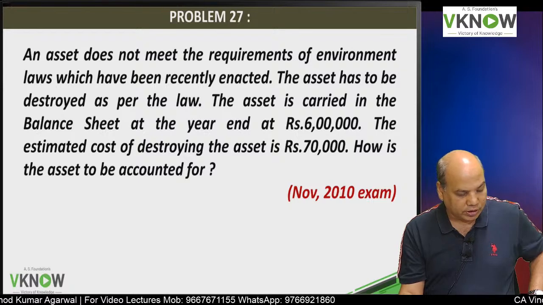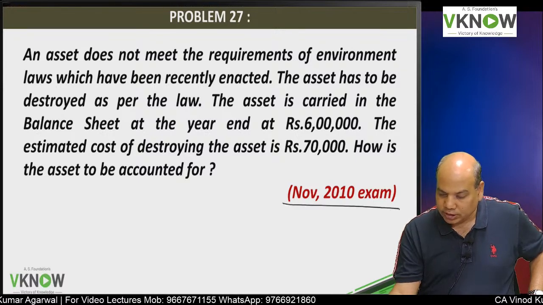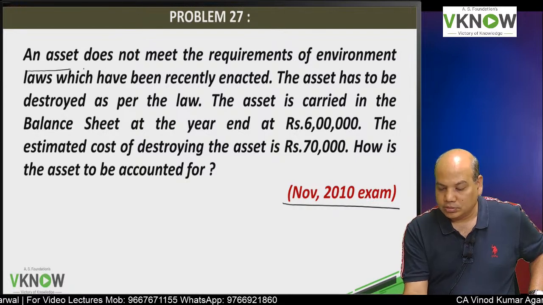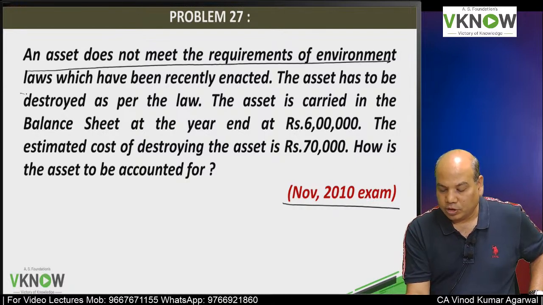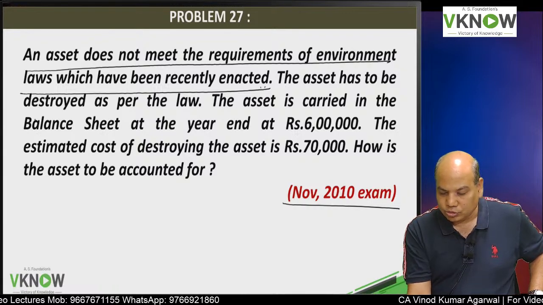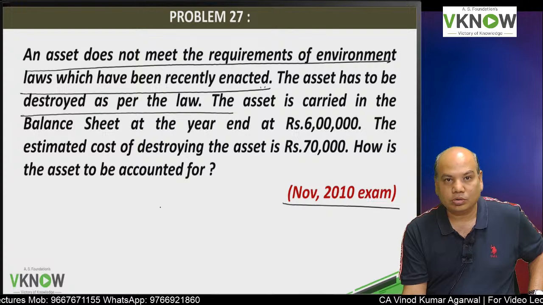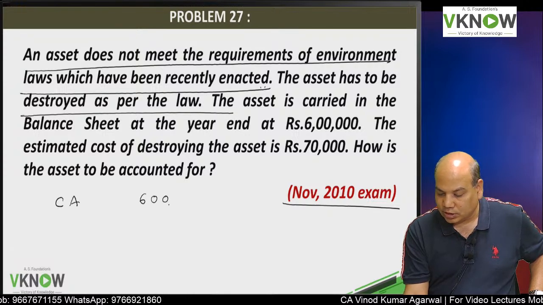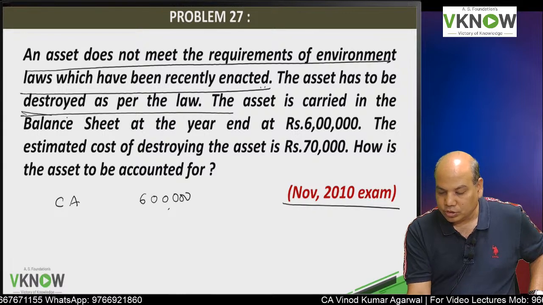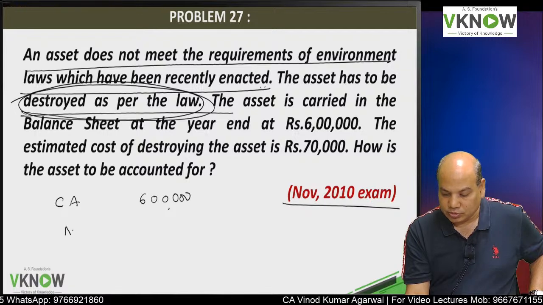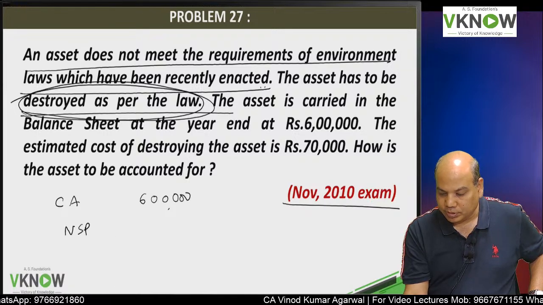Next, question number 27, November 10 exam. An asset does not meet the requirements of environment laws which have been recently enacted. The asset has to be destroyed as per the law. The carrying amount of the asset is 6 lakh. So what is the net selling price and value in use?